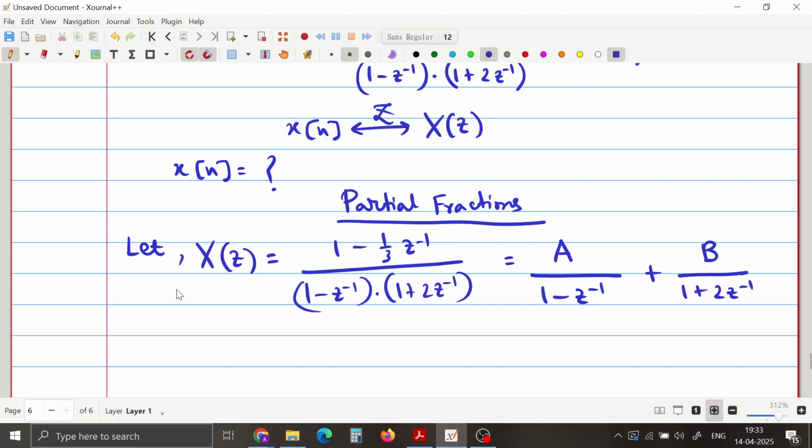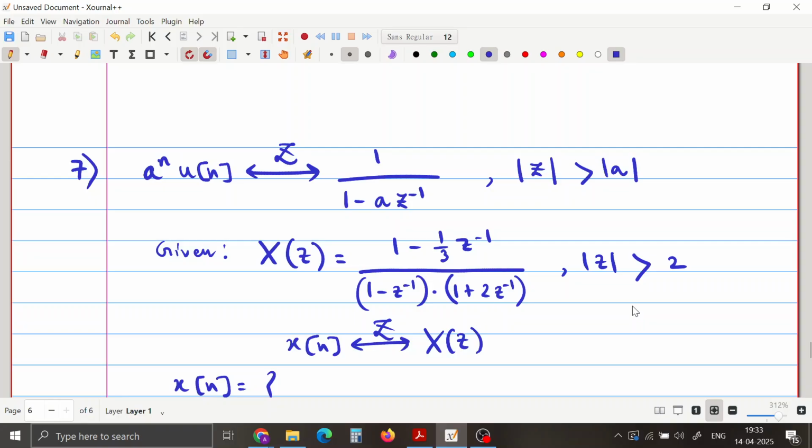Then we will make some substitutions to find A and B. The purpose of writing this as A by 1 minus z inverse plus B by 1 plus 2 z inverse is that once we figure out the values of A and B, my X of z will be exactly in the desired form.